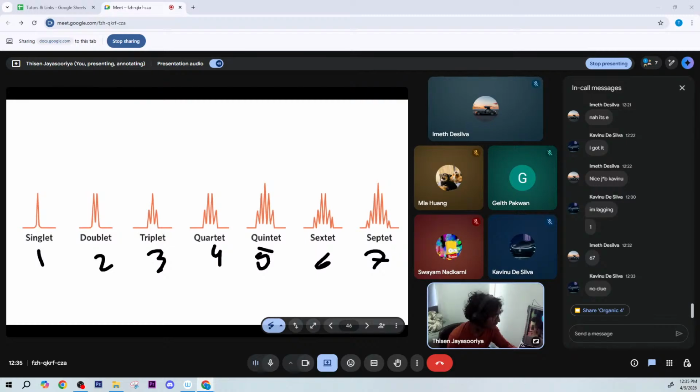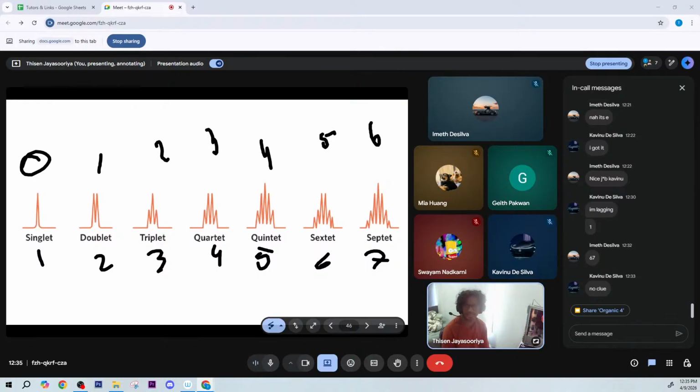If something has a septet split, that means on adjacent carbons there are 6 hydrogens. There are 5 hydrogens for a sextet. For a quintet, there are 4. For a quartet, 3. For a triplet, 2. For a doublet, 1. And for a singlet, 0. So, does that make sense?